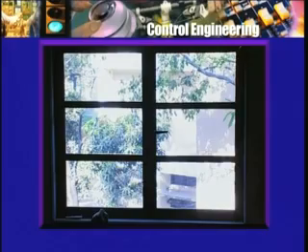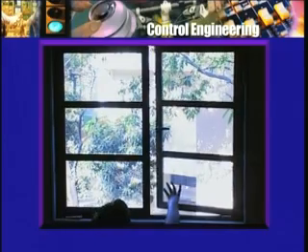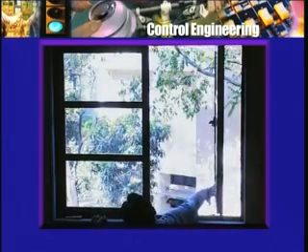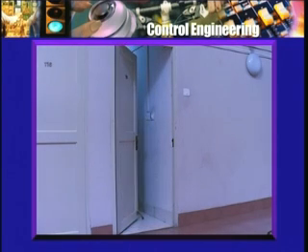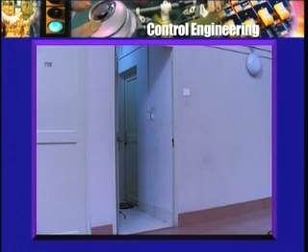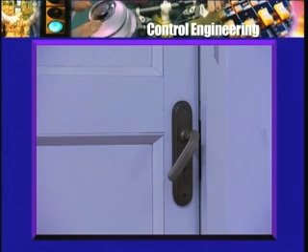You can have the window completely open, or you can have it completely closed, or you can have it partially open in a number of positions, so that you can control maybe the temperature in the room or the wind condition in the room. If it's too windy, you might want to close the window. If there is hardly any wind, you might want to keep it fully open, and things like that. Similarly, a door, although usually doors don't have stay rods, you can either keep them open or you have to close them.